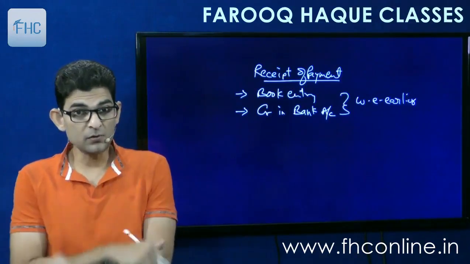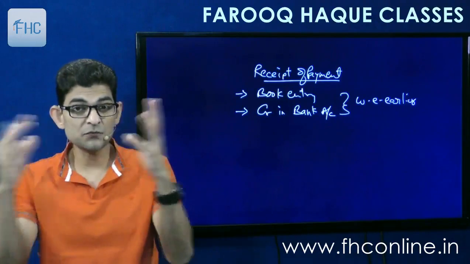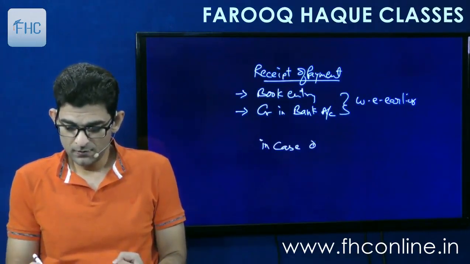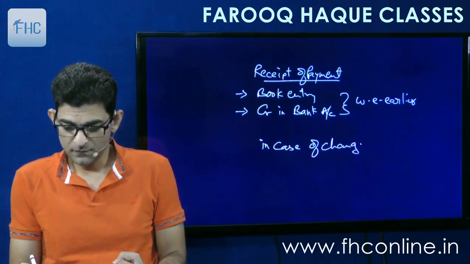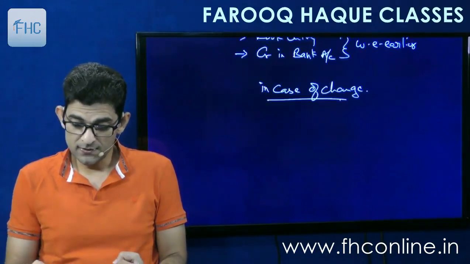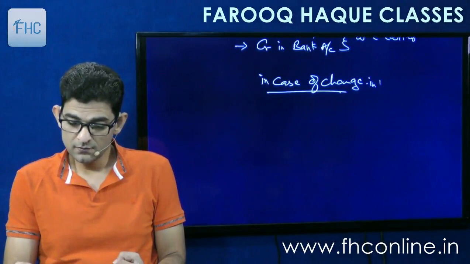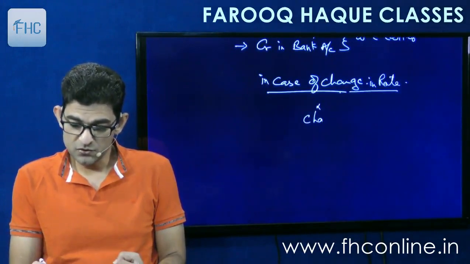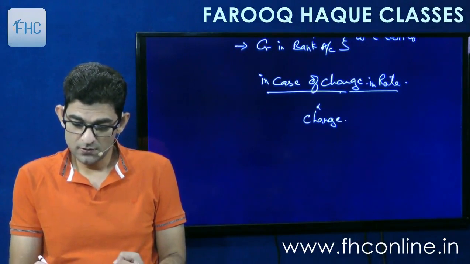Okay, this is the normal rule, but in this case, in case of change, let's see what this proviso says. In case of change in rate, suppose this is the date of change, 17th September.